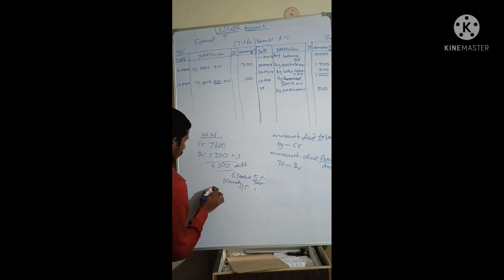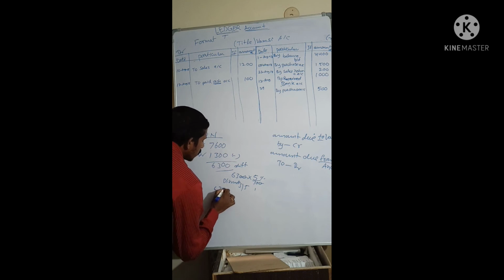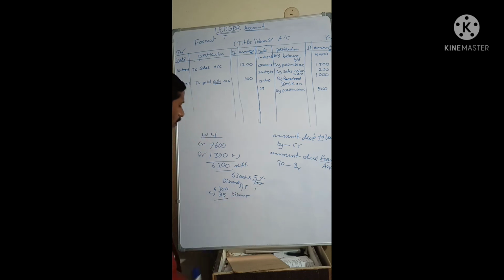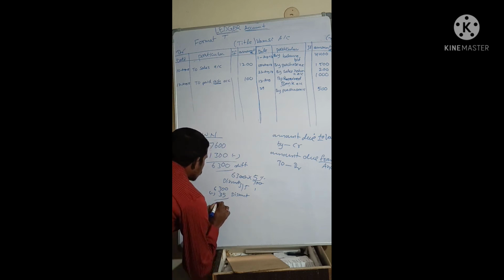Now 6,300 minus 315. This is the discount value. 315 minus, then you will get the 5,985.